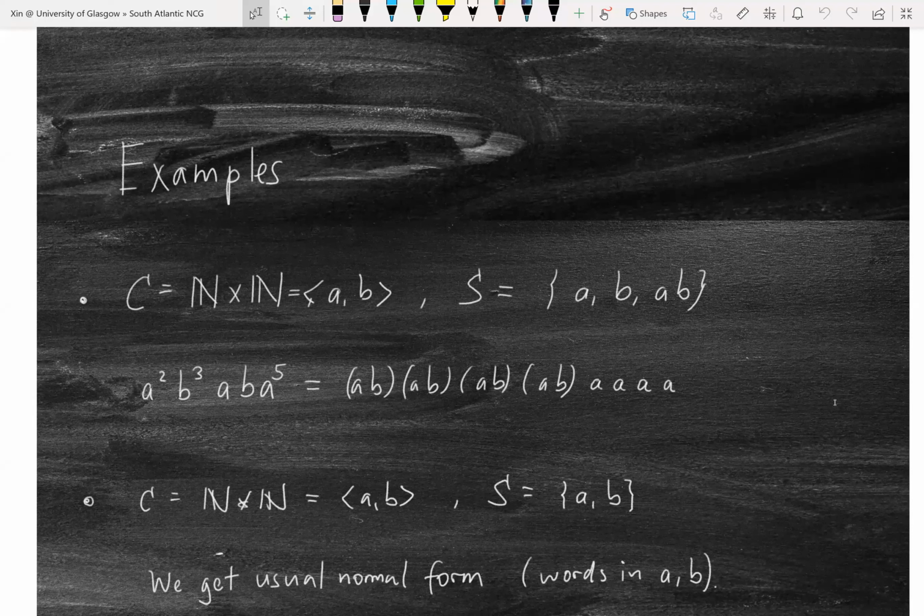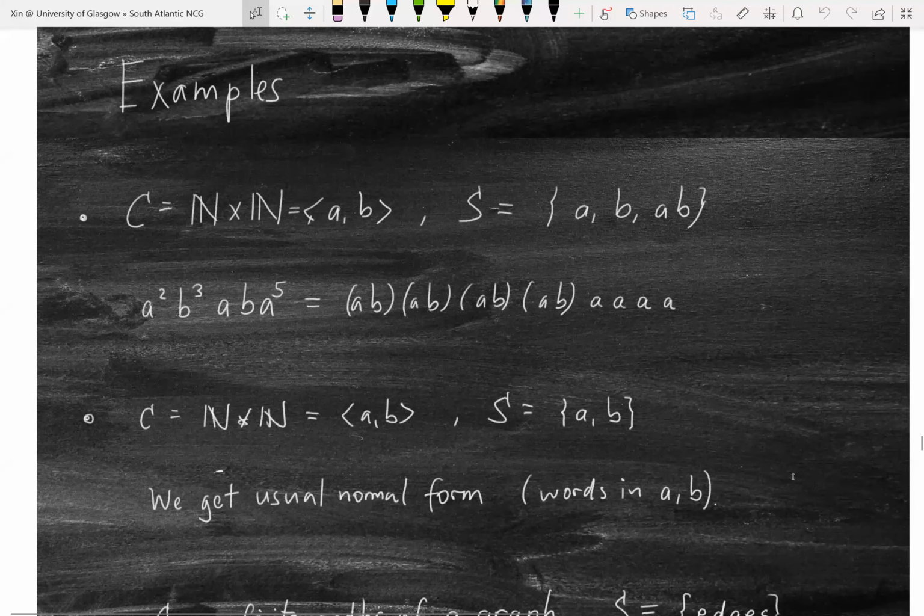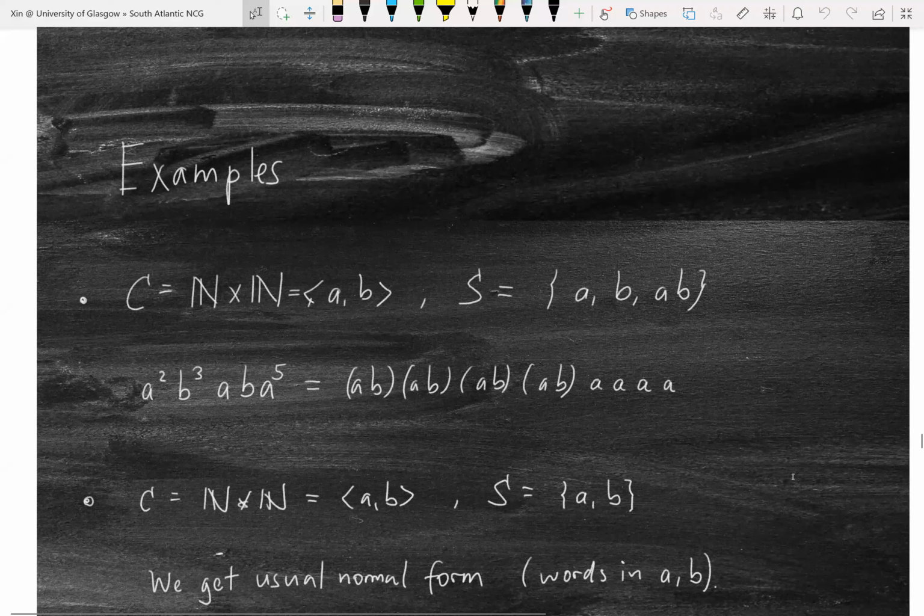So this is one example. If you have a free situation, then you can get away with an even smaller set, maybe just the generators.